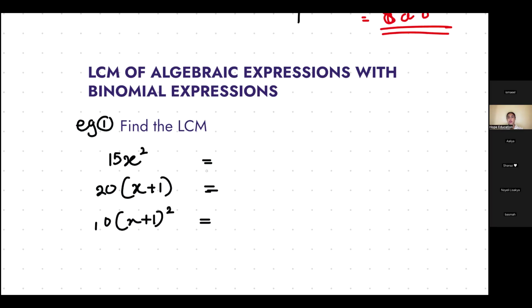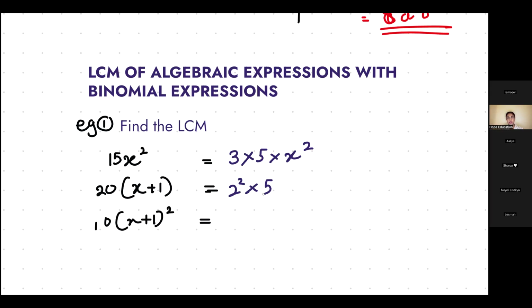So 15, we know how to write, is 3 times 5, times x squared. 20 is 2 to the power 2 times 5, because 2 times 2 is 4, and 4 times 5 is 20.